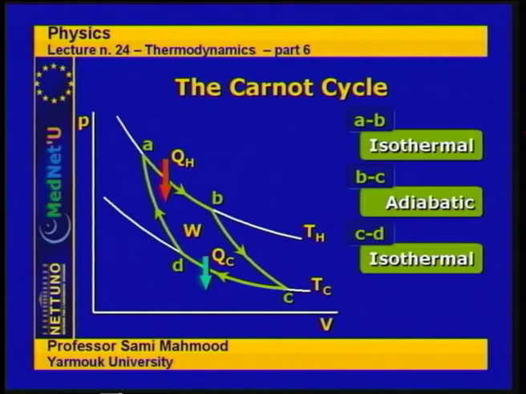It is an isothermal compression where the gas is compressed from the volume at state C, V sub C we can call it, to the volume at the state D, which we can call V sub D. So this is an isothermal compression where, because it's isothermal, the work done is equal to the heat exchanged with the lower temperature reservoir, because the system now is at T sub C, the temperature of the cold reservoir.